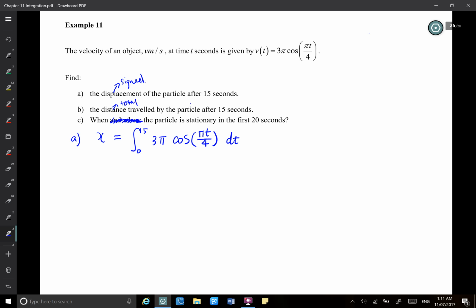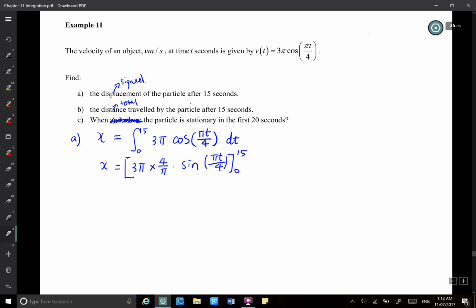Integrating a v-t graph, the area under the curve from 0 to 15 seconds, gives you the displacement, which is the signed area. So that gives you 3 pi times 4 over pi, and cosine becomes sine, still with pi t over 4, from 0 to 15.